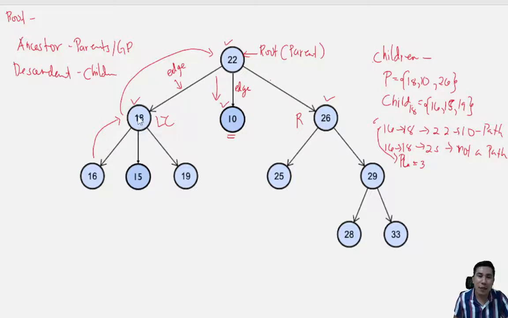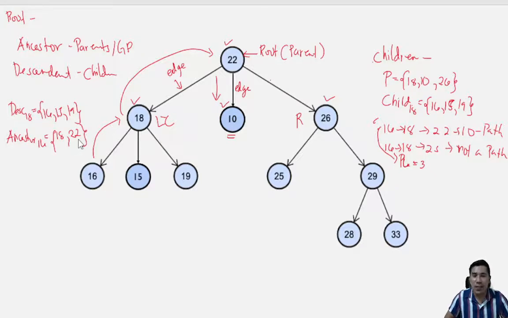What are the descendants of 18? The descendants of 18 are 16, 15, and 19. How about the ancestors of 16? The ancestors of 16 should be 18 and 22. So these are the ancestors of 16.